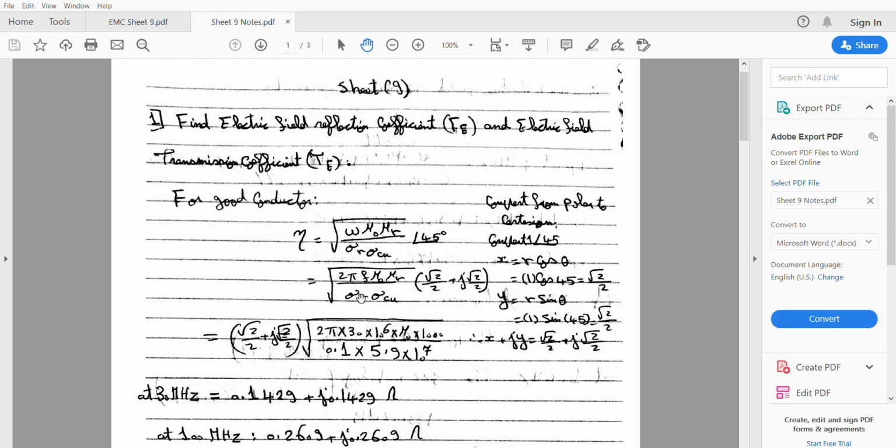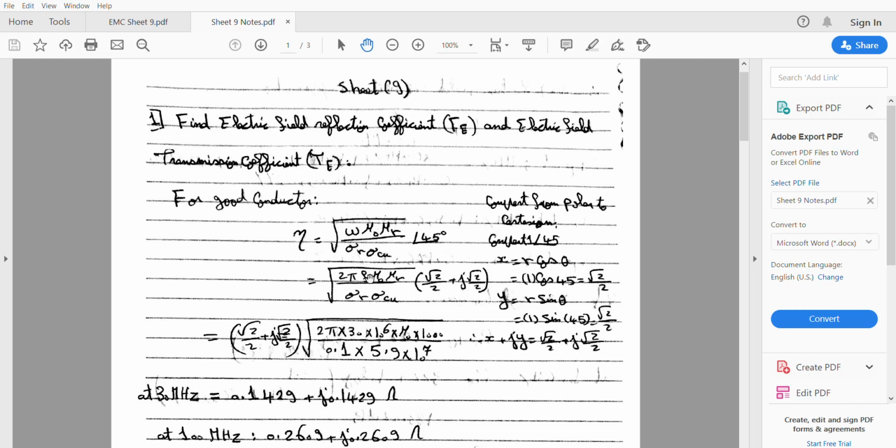Sigma of the steel is equal to 0.1. And the conductivity of copper is equal to 5.9 times 10 to the power 7. So at 30 MHz, we get the intrinsic impedance equal to 0.1429 plus j 0.1429.